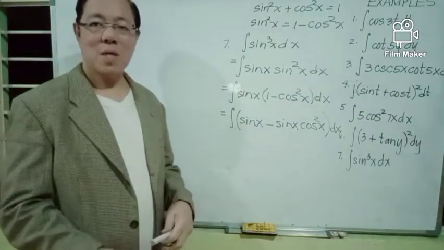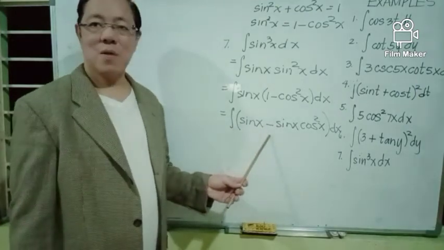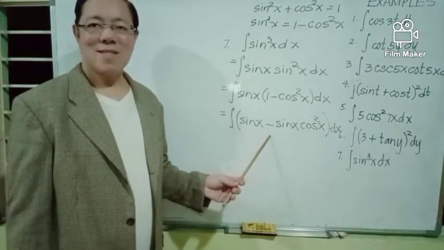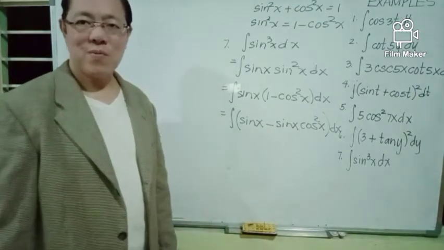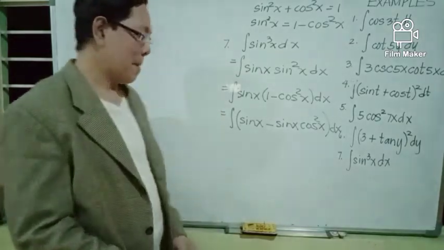Now we apply one of the integration rules: the integration rule for the integral of the difference of two functions. That says the integral of the difference of two functions is equal to the difference of the integrals.